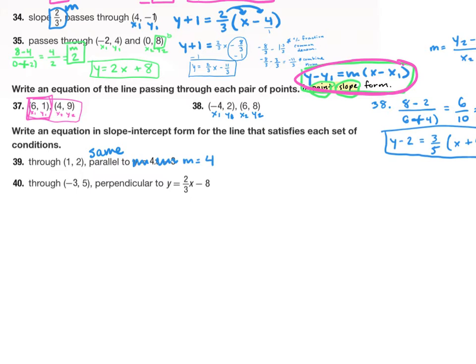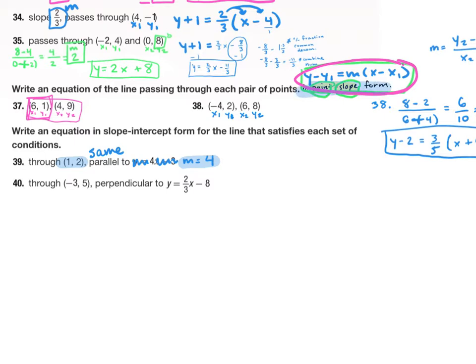If we have the point and the slope, we need to put it into point slope. Right now we only have a point and the slope. So we have to put it into point slope form first. Then we can rearrange it.